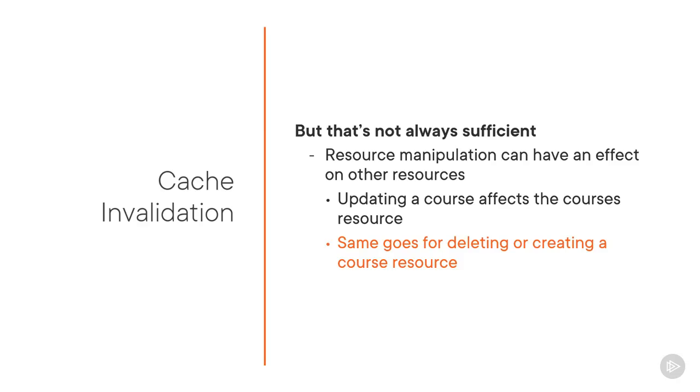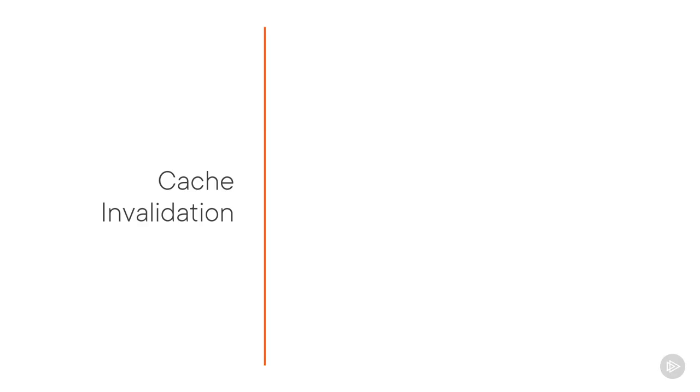Same goes for deleting a course. That too might have an effect on the courses resource. Automating something like that is not trivial. It is often a manual process, or a matter of implementing rules for related resources.